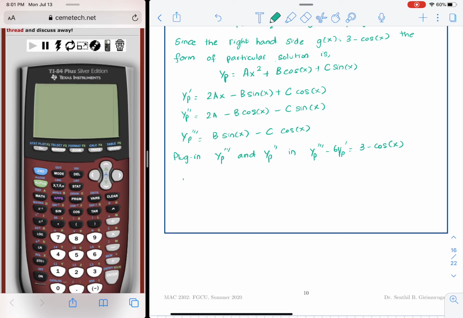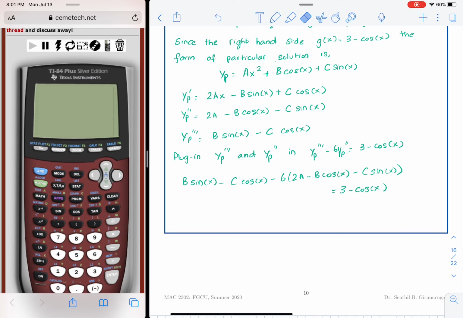So that would give us b sine x minus c cosine x minus 6 times 2a minus b cosine x minus c sine x equals 3 minus cosine x.